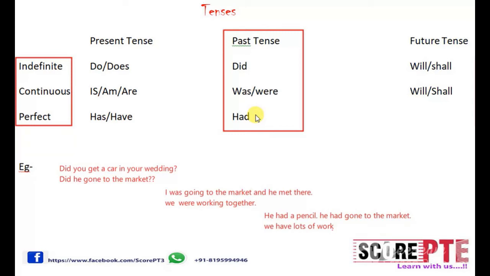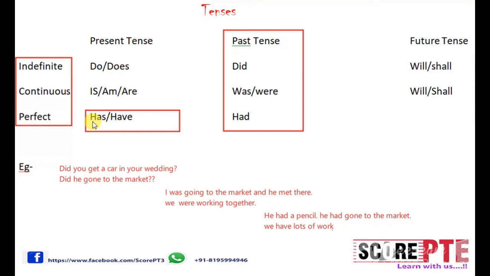Now why have I used has, have in your present tense and why am I not using has, have in your past tense? Because of the singular and plural choice.